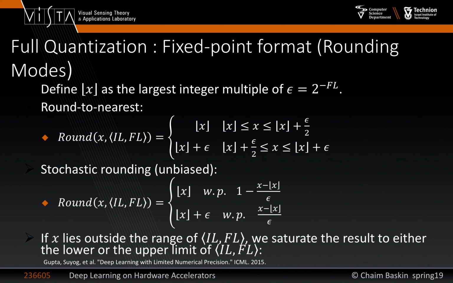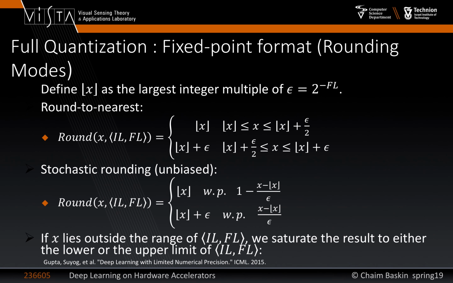Let's see how the rounding mode works. We define x as the largest integer multiple of our epsilon. When x is our floating point parameter, it usually ranges from minus infinity to infinity, so we are clipping.